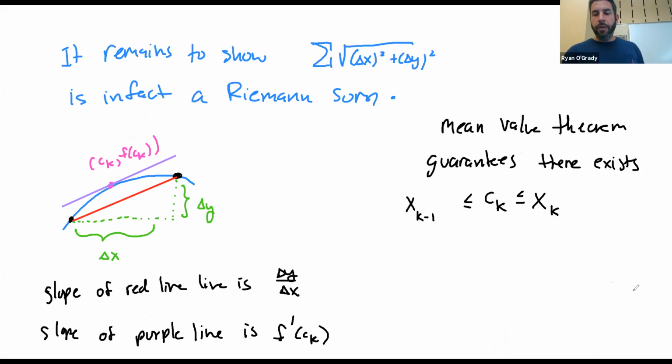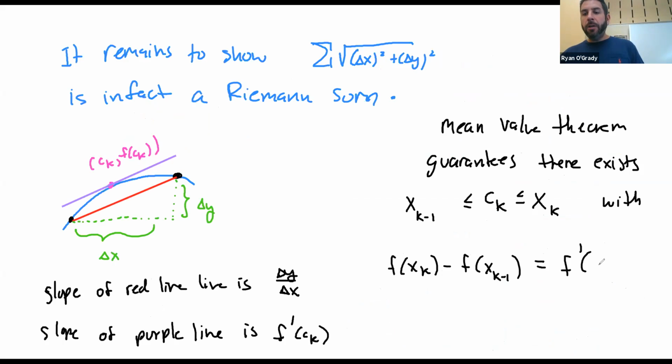So the mean value theorem guarantees there exists this C sub k with the following. You have f evaluated at X sub k minus f evaluated at X sub k minus 1 has to equal f prime evaluated at C sub k times delta x. But what is this?